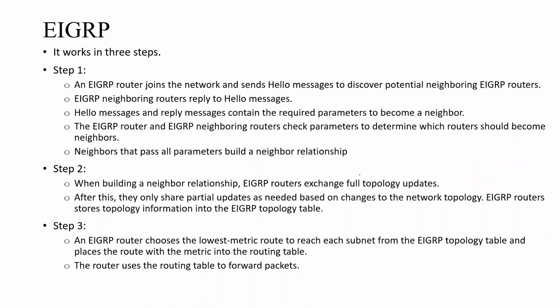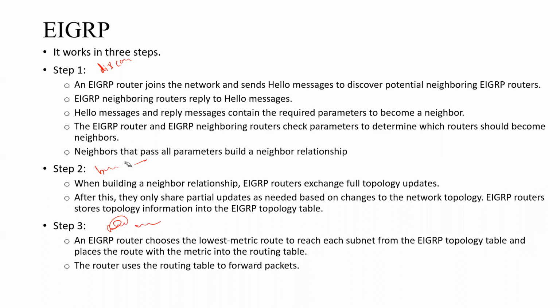EIGRP works in 3 steps. Step 1 is to discover the neighbor router. Step 2 is to build a relationship with the neighbor router and share the network path.